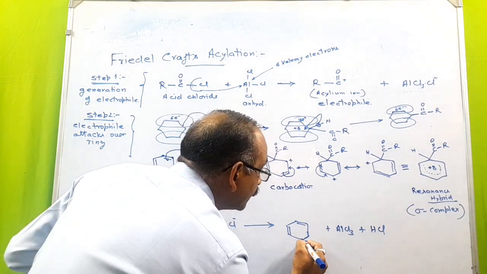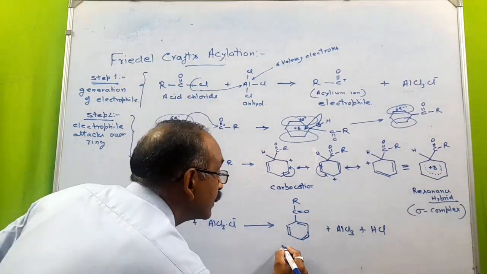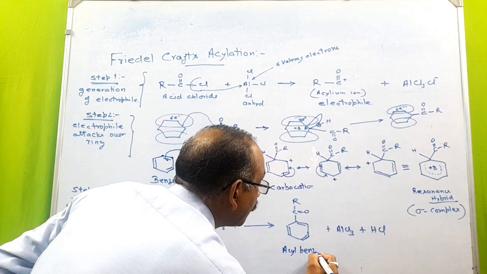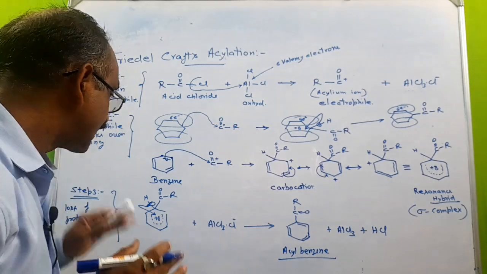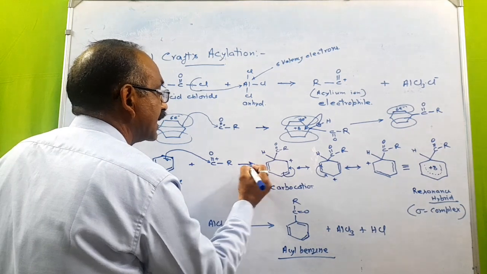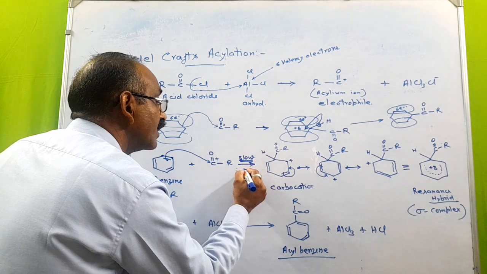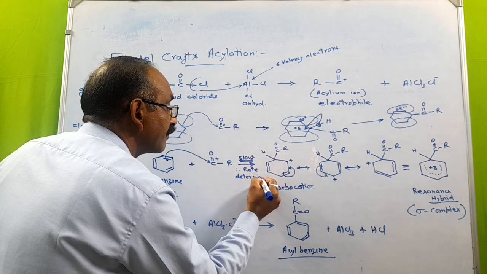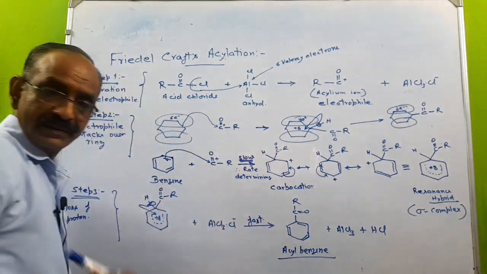Here there's the double bond now, and we will get our acylbenzene, or we may get the aromatic ketone. Remember, in all these 3 steps, the second step is the slow step, and therefore is rate determining. The third step is fast. Is it clear?